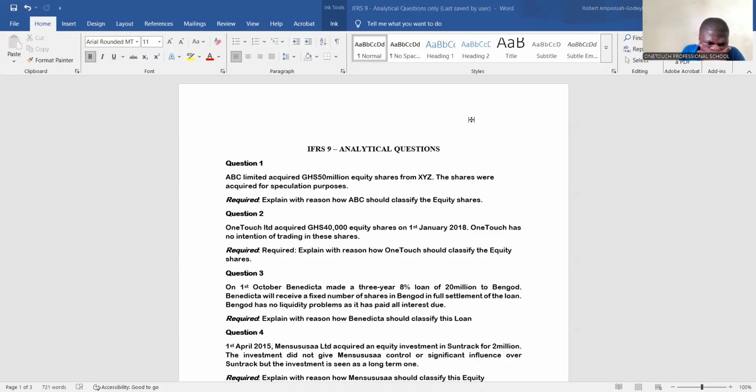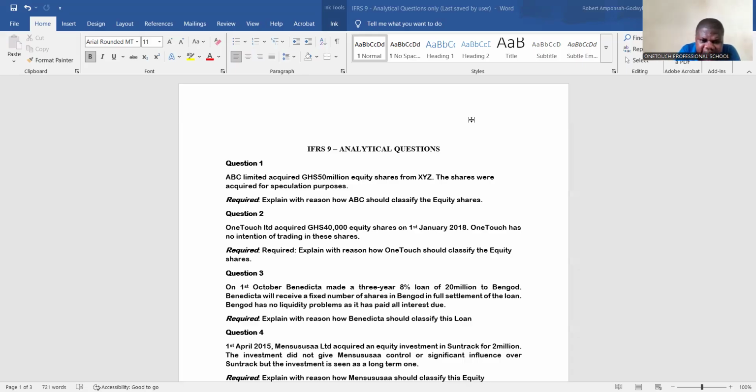On 1st October, Benedicta made a 3-year 8% loan of 20 million to Bengal. Benedicta will receive a fixed number of shares in Bengal in full settlement of the loan.